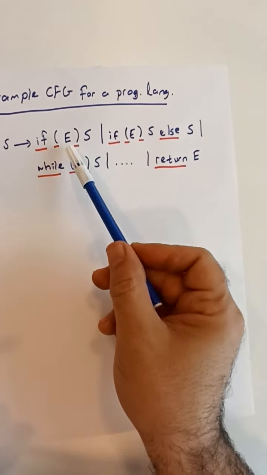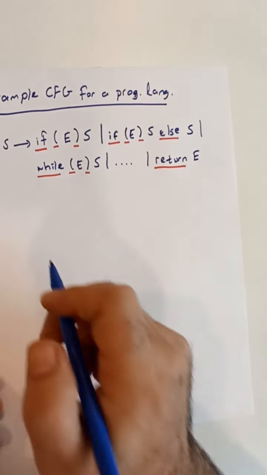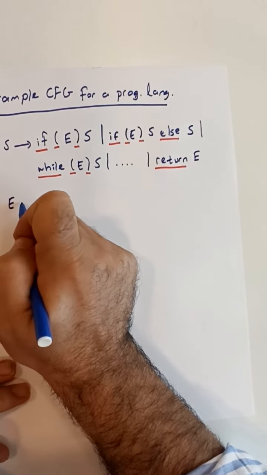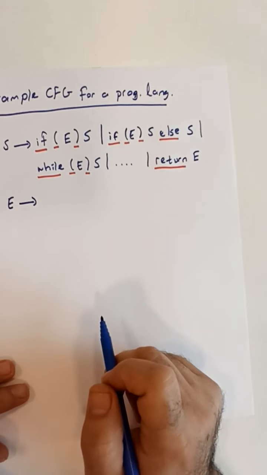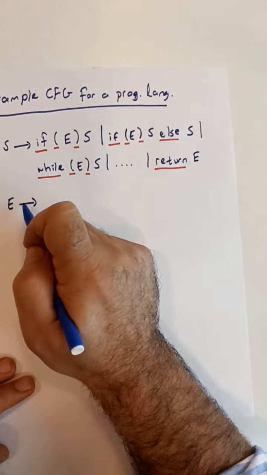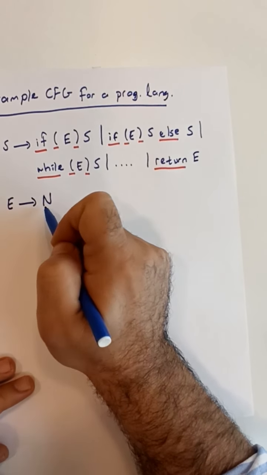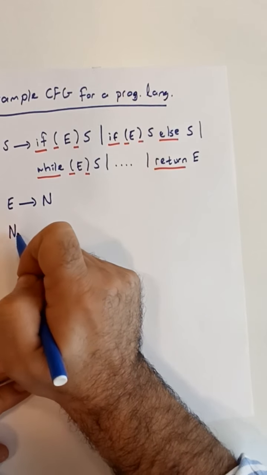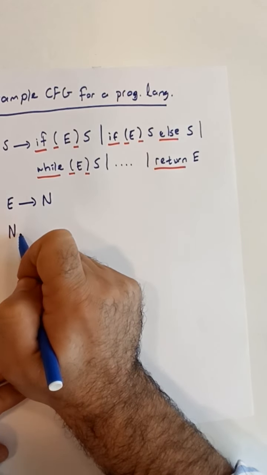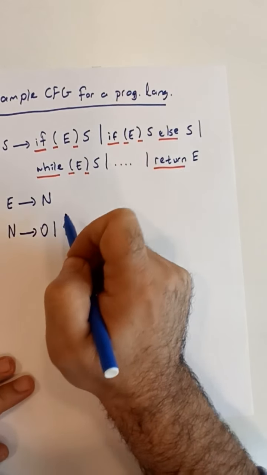We need to give a definition for the rules of the expression E. Let's just give very simple expression rules. So an expression may simply itself be a single number that's denoted with N. In this case, let's just limit our numbers to be simply zeros or ones.